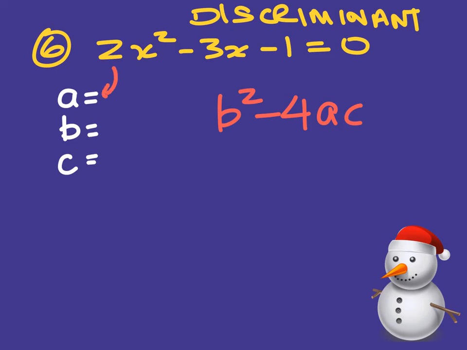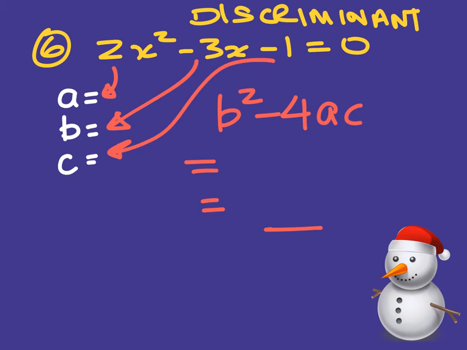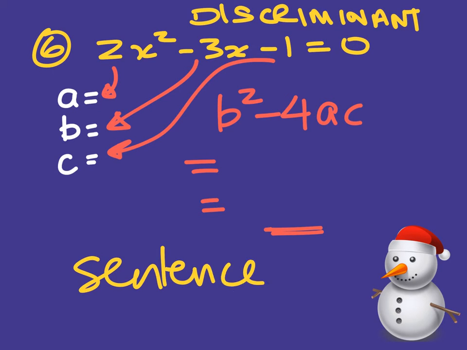So write down what your a is, write down what your b is, write down what your c is, put them into this formula, work it all out, and then you'll get a nice number at the end here. Question's not finished, because once again, you then need to write a sentence and explain what this answer actually means. So is it equal roots? Is it non-real roots? Is it two distinct roots?